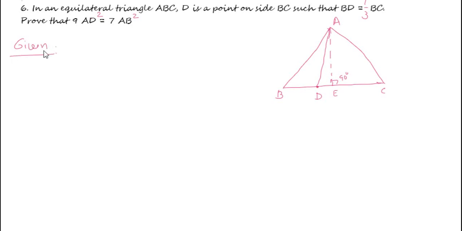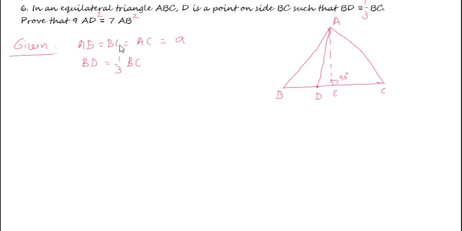Given ABC is an equilateral triangle. That means AB equal to BC equal to AC. Let us take this as A. Then BD is equal to 1 by 3 BC.